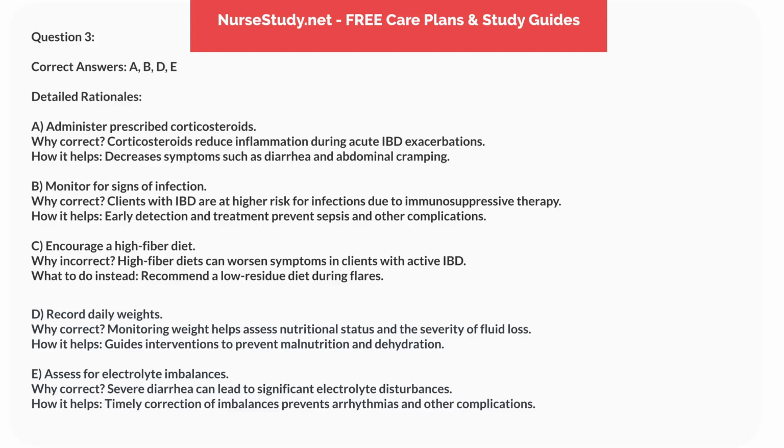How it helps: guides interventions to prevent malnutrition and dehydration. E. Assess for electrolyte imbalances. Why correct? Severe diarrhea can lead to significant electrolyte disturbances. How it helps: timely correction of imbalances prevents arrhythmias and other complications.